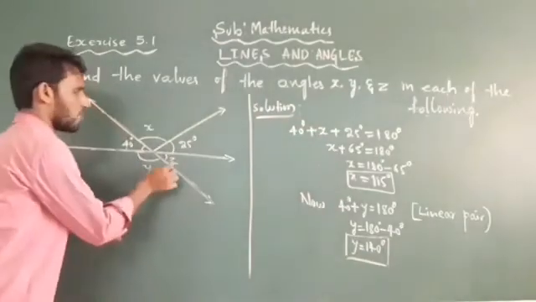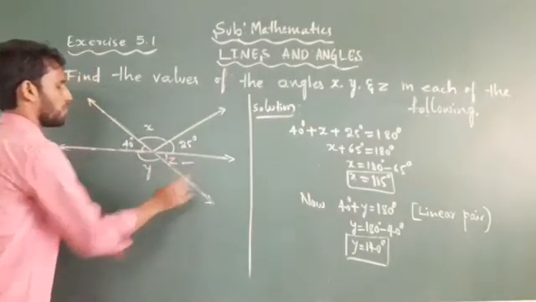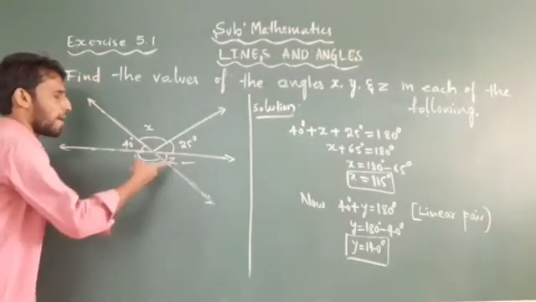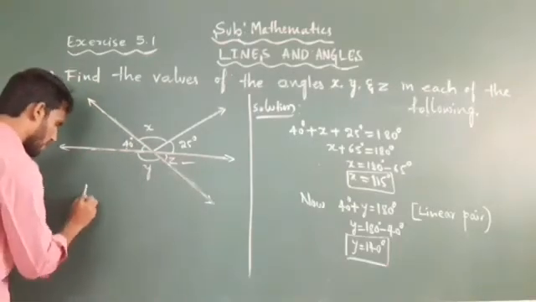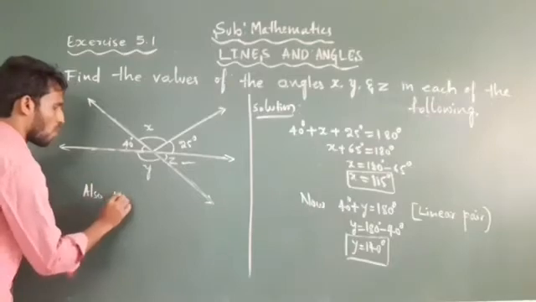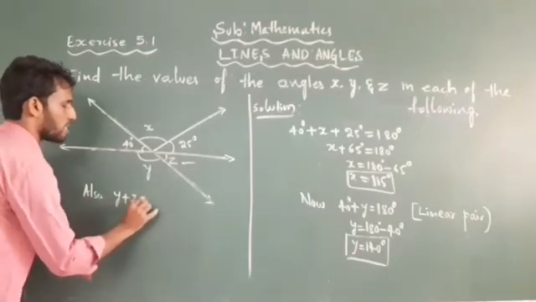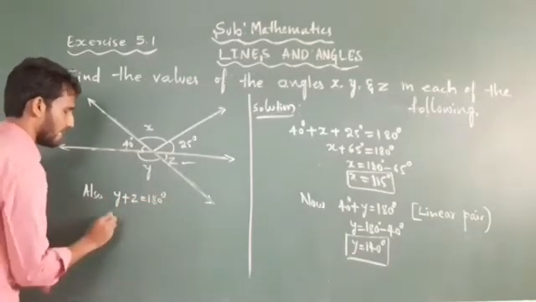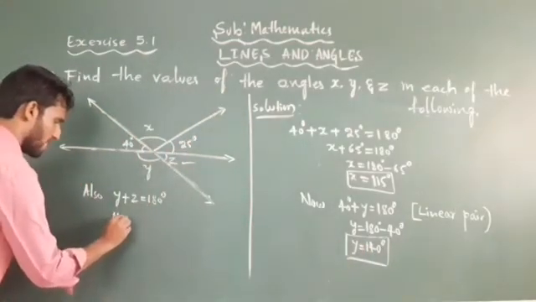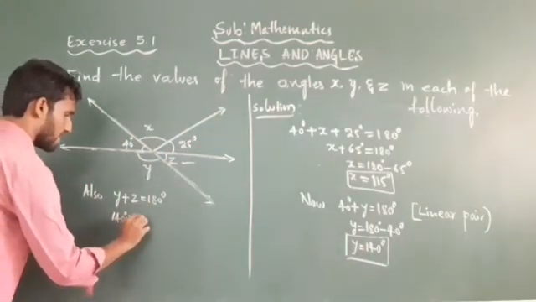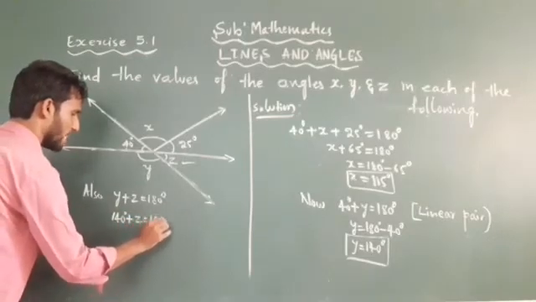Next we have to find the z value. Dear student, y and z are also a linear pair. Now we can say y plus z is equal to 180 degrees. Here y value is 140 degrees. 140 degrees plus z is equal to 180 degrees.